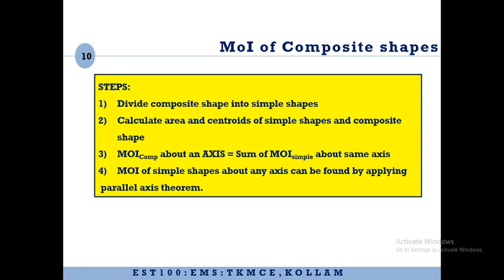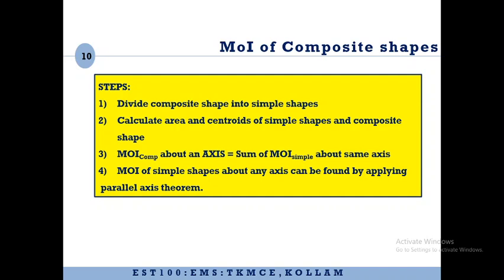And the last step is to find the moment of inertia of a simple shape about an axis. All that we have to do is apply the parallel axis theorem, because we only know the centroidal moment of inertia of the simple shapes. So we will apply the parallel axis theorem to find the moment of inertia of a simple shape about any required axis.